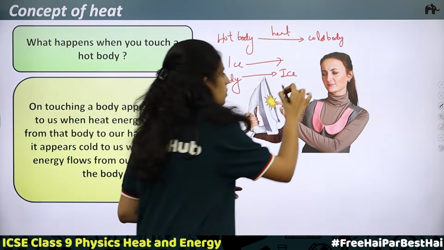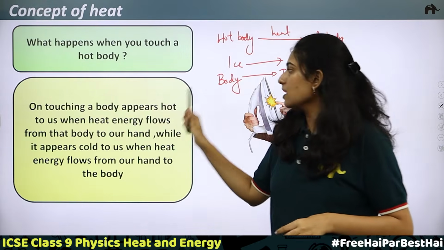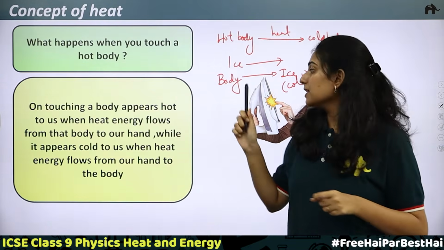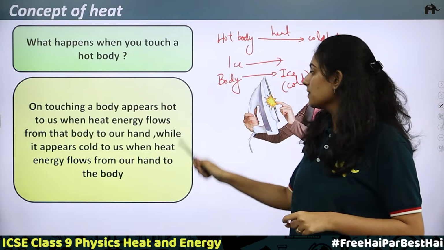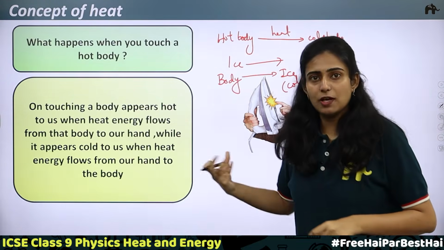So we will be feeling cold and not hot. On touching, a body appears hot to us when heat energy flows from that body to our hands, while it appears cold to us when heat energy flows from our hand to the body.